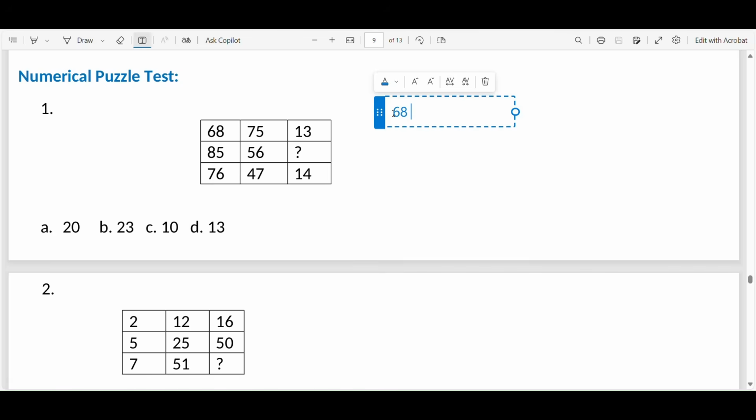This is somewhat complex, so look here. 68 plus 75 will give you 143, right? 8 plus 5 gives 13, and 7 plus 7 gives 14. Then dividing by some x should give you 13. Let's see what that x is.